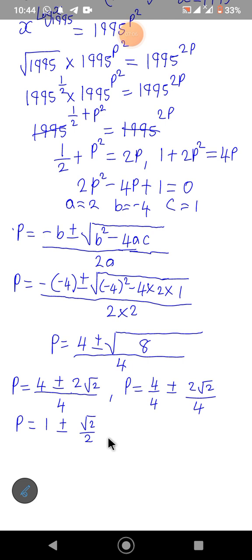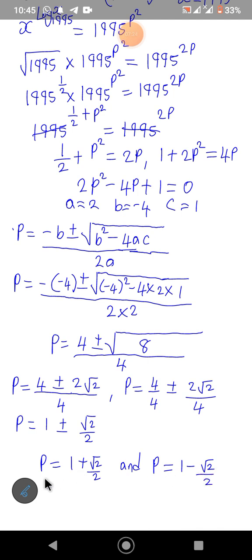Therefore, p will be equal to 1 plus root 2 over 2 and p equal to 1 minus root 2 over 2.